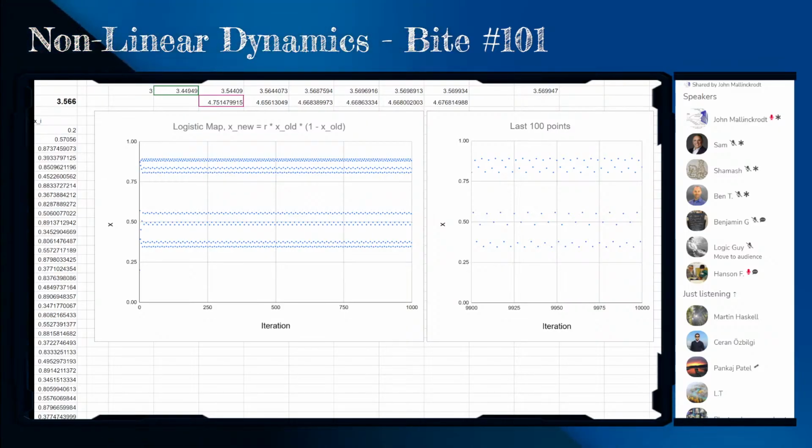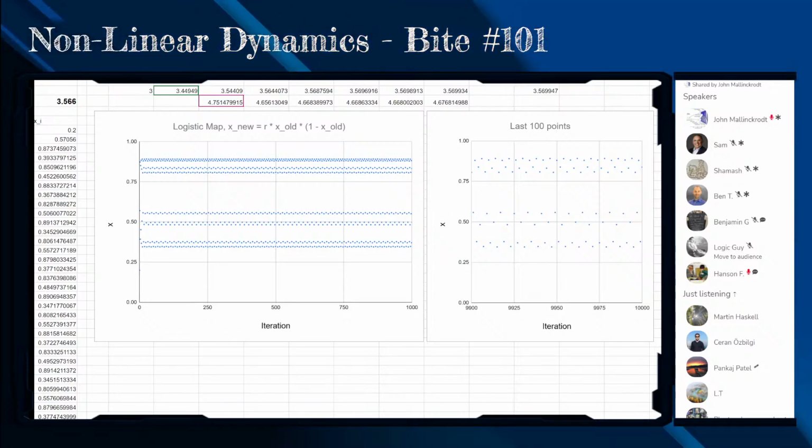And then if you do that for the ratio of the distance from the second to the third, to the fourth, you get 4.656. And if you do it for the third to the fourth divided by the fourth to the fifth, you get 4.6683.